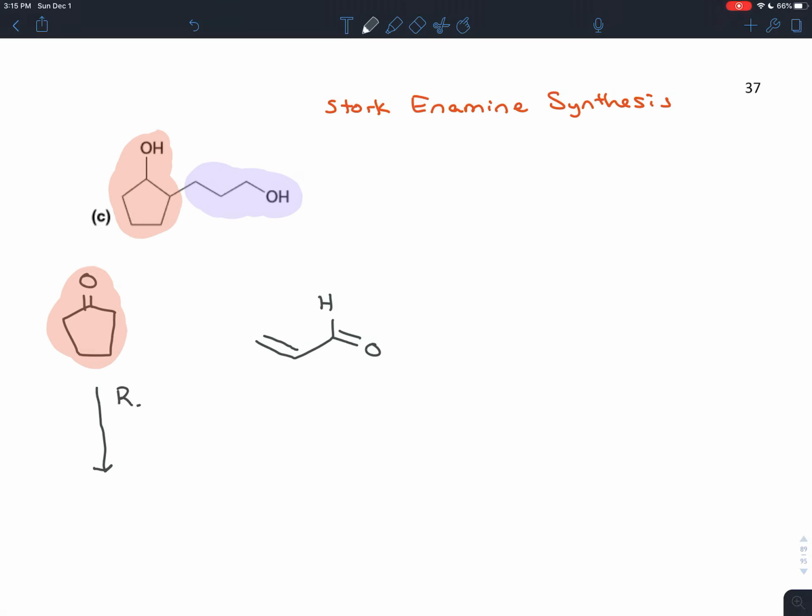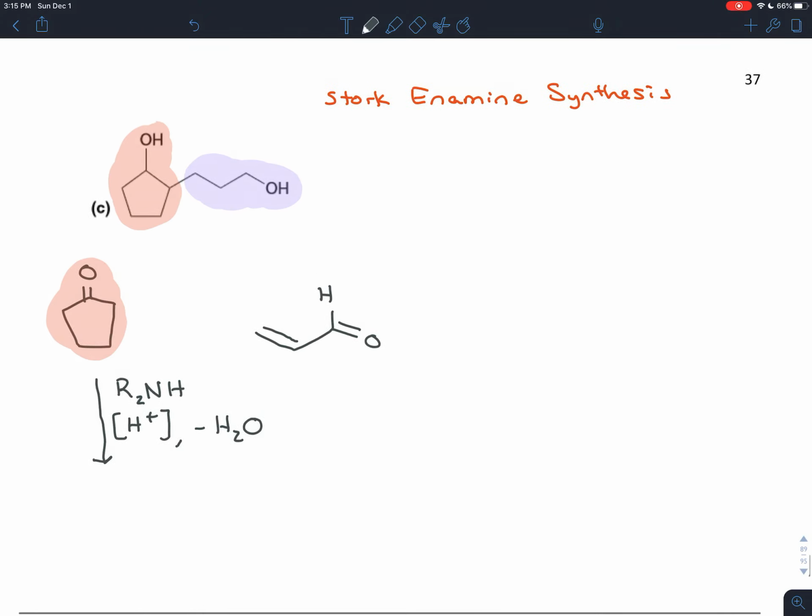So we take a secondary amine, catalytic acid, remove water to increase yield using Le Chatelier's principle, and it will turn the ketone into an enamine.